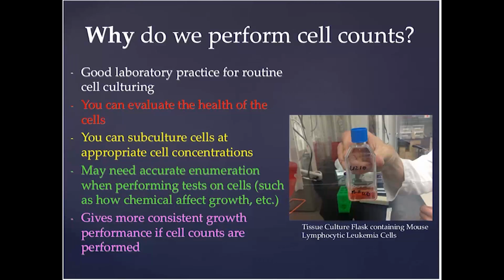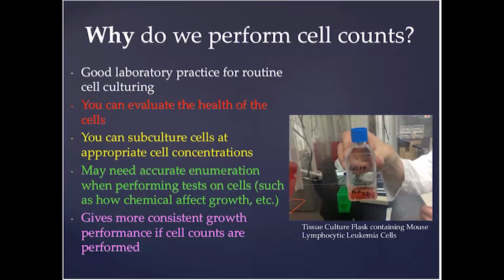Another reason why we do cell counts is because if you subculture cells or passage cells, you have to do that at appropriate cell concentrations. Again, too high or too low is not a good number to keep the cells at.